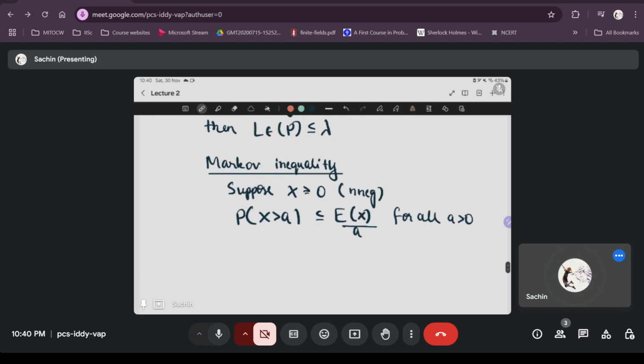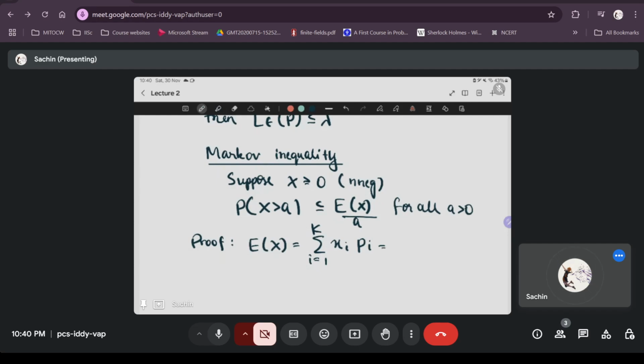And a small proof for this Markov inequality is we have the expected value of x, which is simply by definition the sum of xi pi. Let's say x can take capital K number of values. By definition, expected value is the sum of the random variable value times the probability of that random variable value.